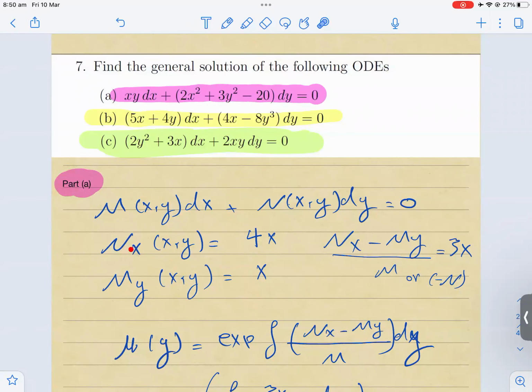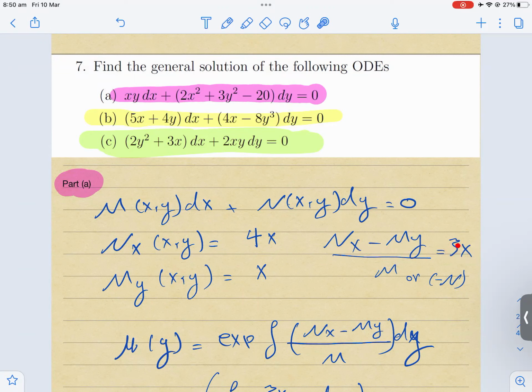I will take the derivative of the coefficient of dy, which I call N, in terms of x, which will be equal to 4x. M sub y will be x, because you see x y; if I take the derivative in terms of y, it will be just x. So N sub x minus M sub y equals 3x.